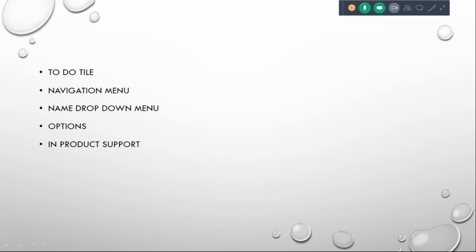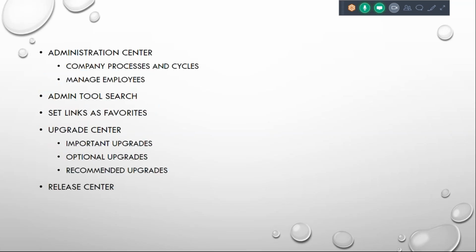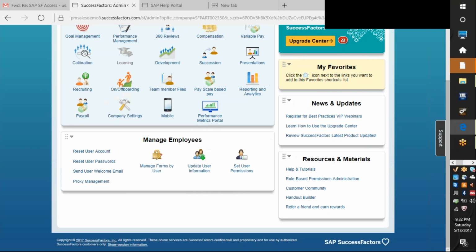Yeah, whatever I was talking about is the in-product support. So yesterday we saw how to create a tile. Did I show her? Yes. So creating tiles, and working on favorites, setting a link as a favorite.